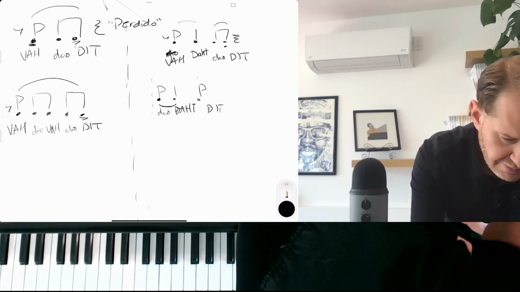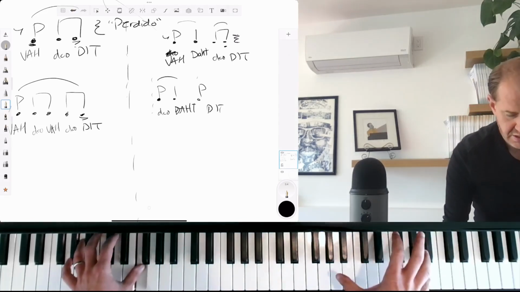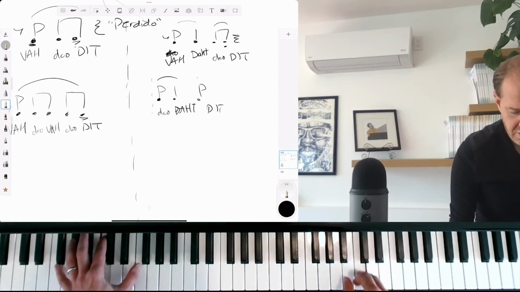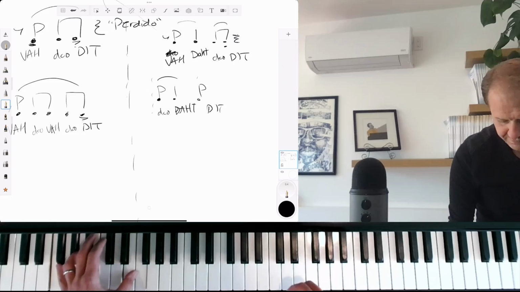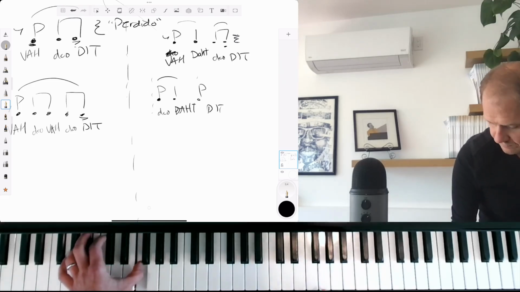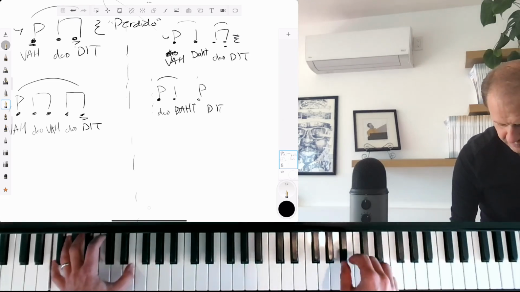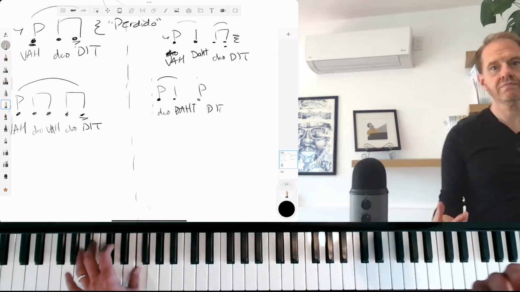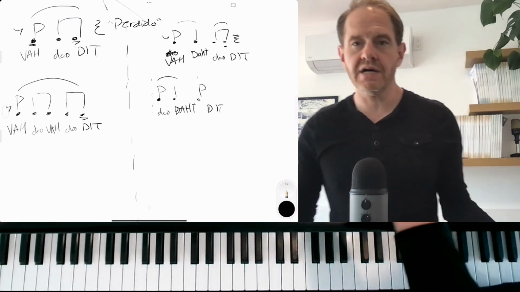I should be consistent and put that on top. Okay, so adding in quarter notes is going to be another big piece of your rhythmic vocabulary.